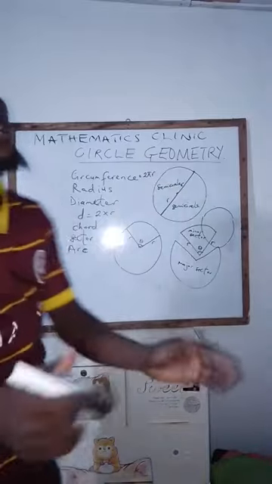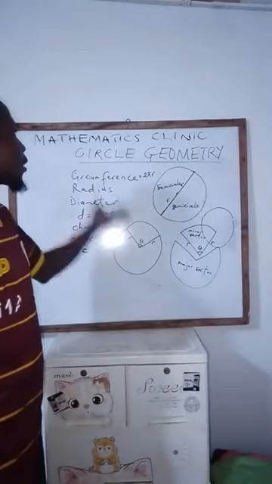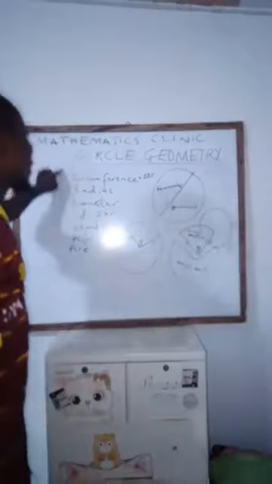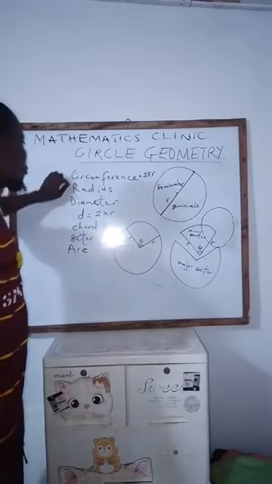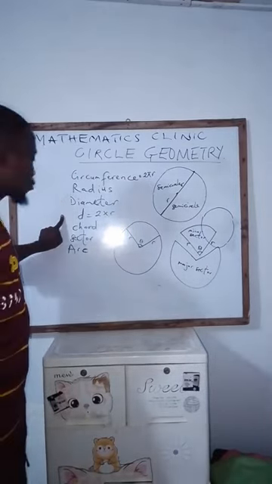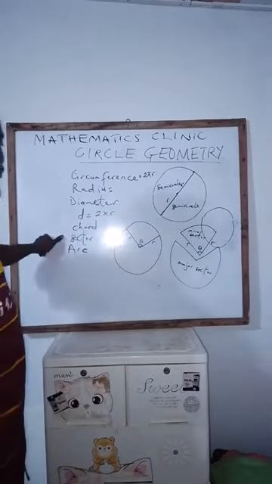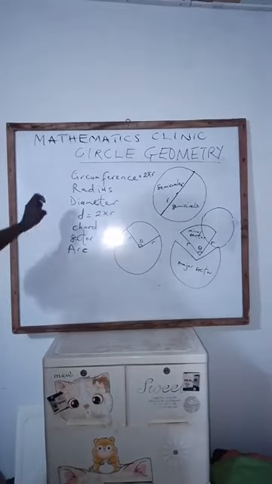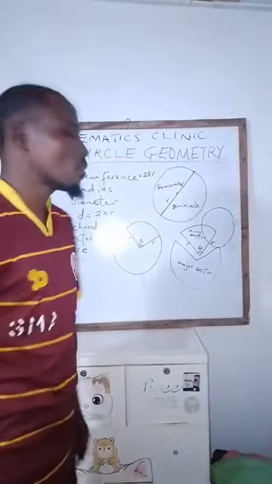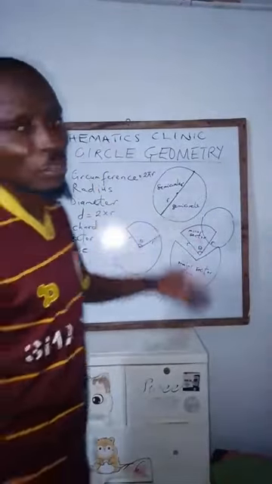With all this, we can now delve into circle geometry itself. Having understood all this, from circumference to radius to diameter, from diameter to chord, from chord to sector, from sector to arc, now we can delve into circle geometry itself.